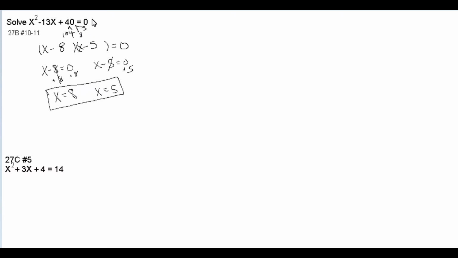Either one of these will give us this equation correctly. So we check it by plugging in. So x squared minus 13x plus 40, is that equal to 0? So 8 squared is 64, and 13 times 8 is 104, plus 40.